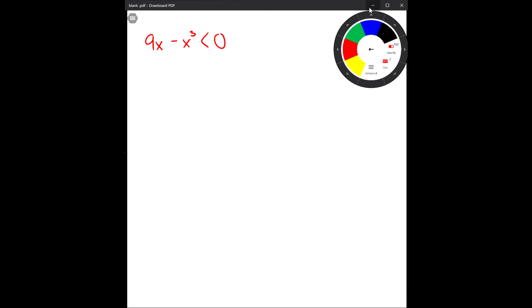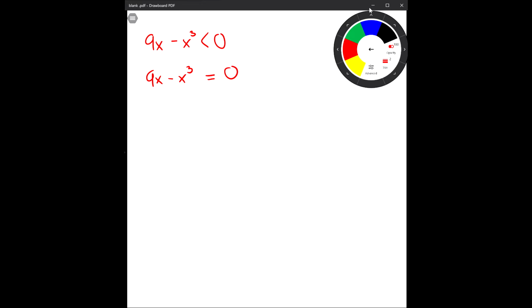Now I'll show you how to do it algebraically, in case you don't have a graphing calculator. First of all, we will try to solve 9x minus x cubed equal to 0. I believe all of you should be able to do this if I set it equal to 0.